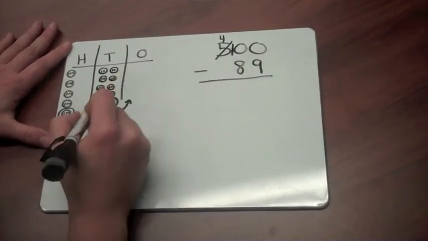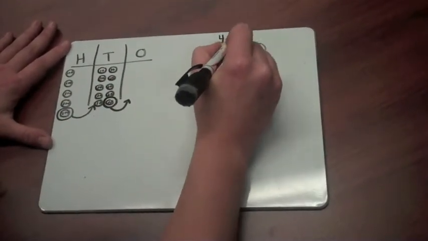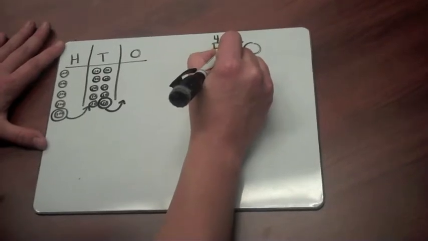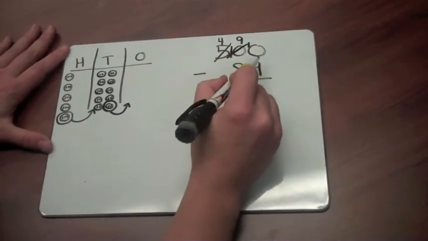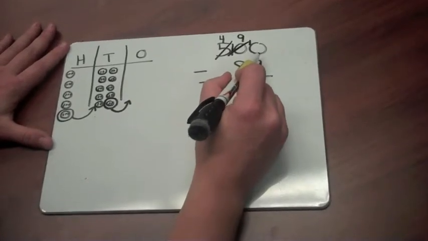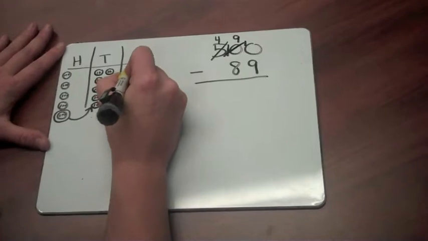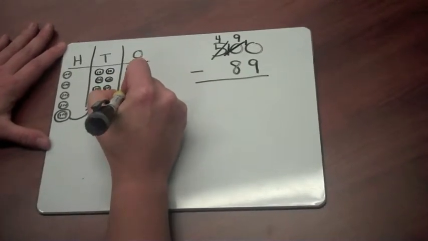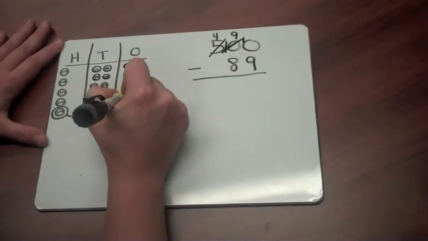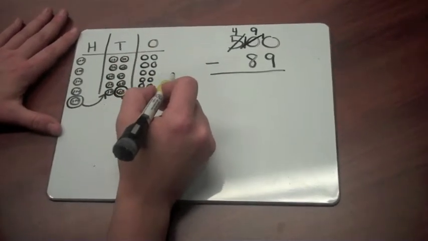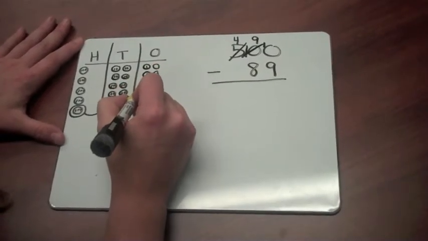So now I have 9 tens, so I'm going to change that on my super smart second grader formula, and bring 1 over to the ones place so that I have 10 ones. And each disc that's in the ones place is represented by the number 1.